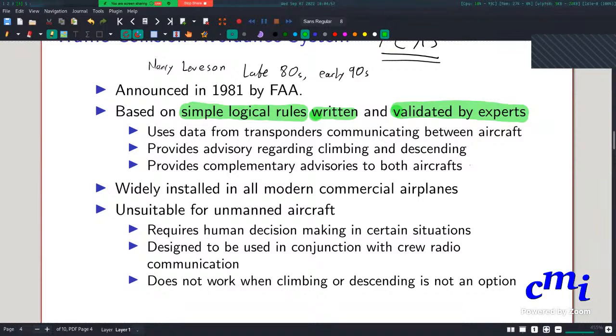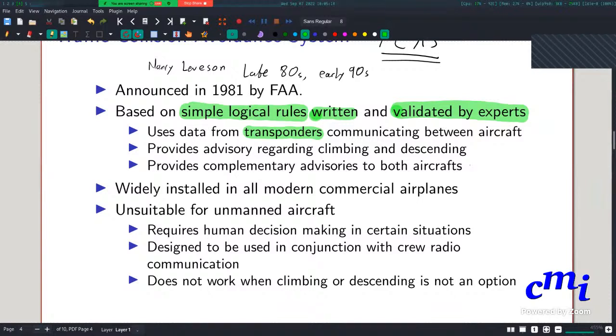So I'll just talk a little bit about the way these things worked in terms of the machinery, if you will. Aircraft have these things called transponders, which are like radar units, which communicate both with the ground radar if one is available and in range, and with any other aircraft that might also be in range.